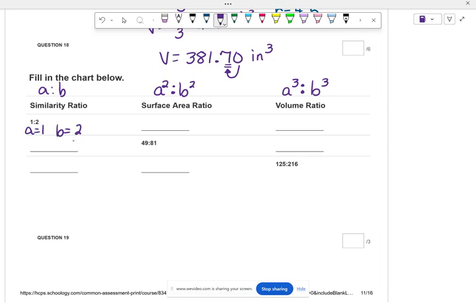If we square each number, we would get 1 to 4. 1 squared is 1, 2 squared is 4. To turn the similarity ratio into a volume, we have to cube each number. A is 1. 1 cubed is 1. B is 2. 2 cubed is 8. So the volume ratio would be 1 to 8.